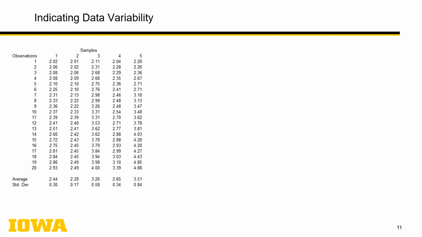So here's an example where we have 5 different samples and someone actually measured each one of these things, whatever they are, 20 times. So you have what are called 20 observations for the 5 samples of reality. Maybe these are heights of corn plants out in 5 different fields, for example, or chemical measurements in 5 different ponds, whatever.